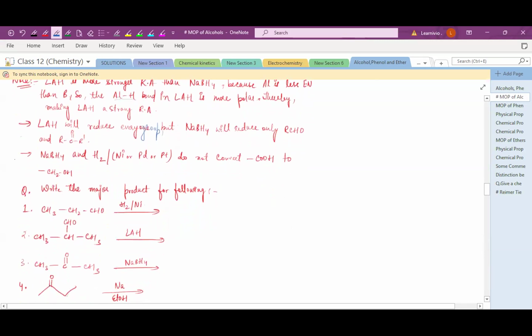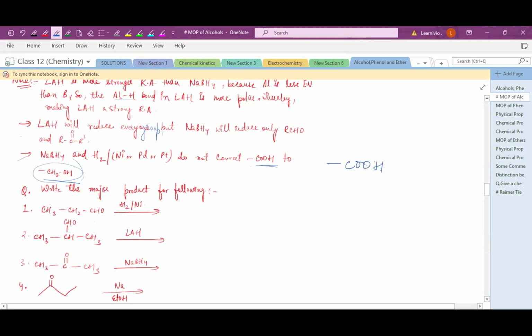Okay. Third point is sodium borohydride, NaBH4, and catalytic hydrogenation, H2 in the presence of a catalyst, do not convert carboxylic acid to alcohol, right? Because in carboxylic acid, two oxygen are there, right? And what is reduction?